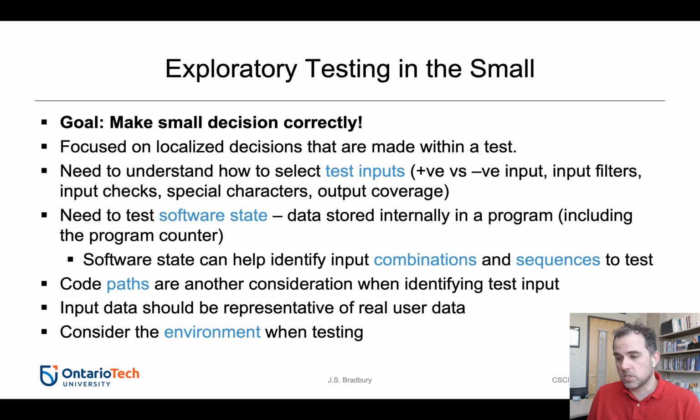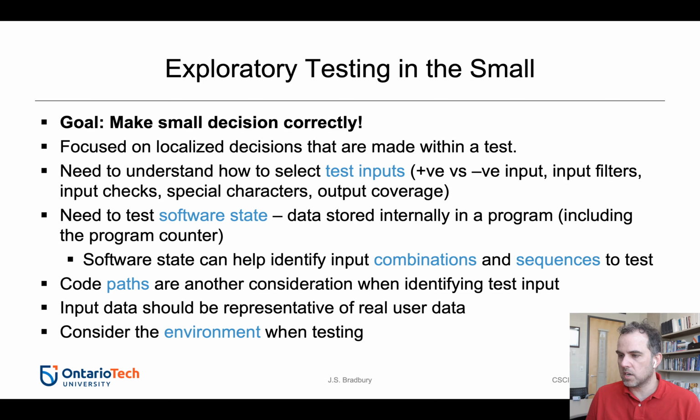With exploratory testing in the small, the key goal here is to make small decisions correctly. And what we're really focusing on in the testing here is localized decisions in the application. If you think about this, what are we doing here in terms of test inputs?